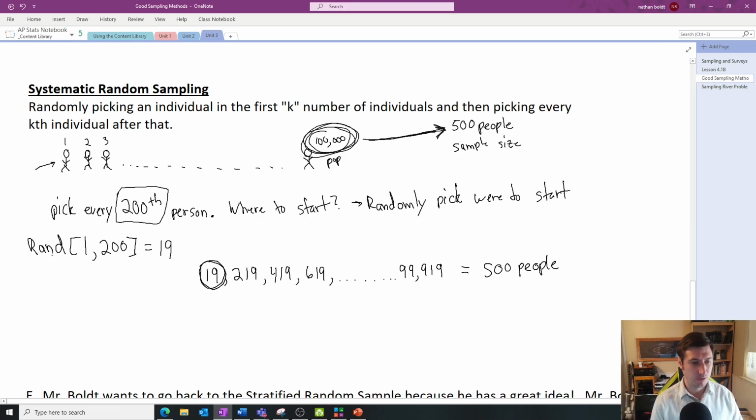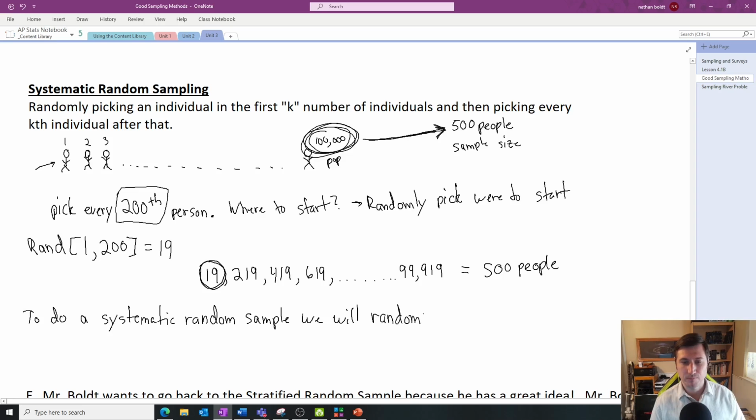So to do a systematic random sample, we will randomly pick one person in the first 200 people.